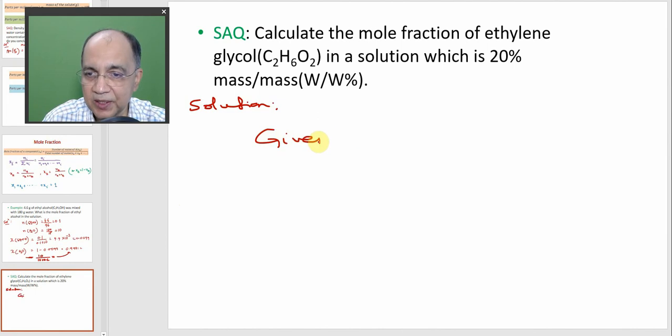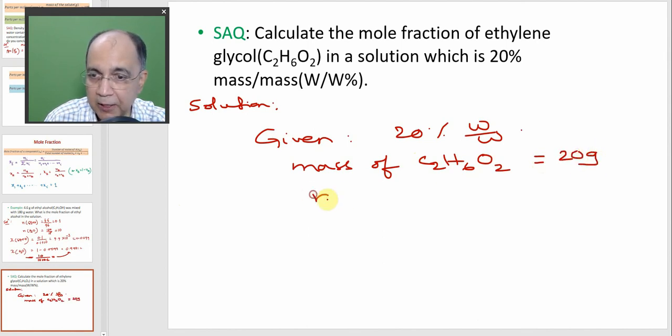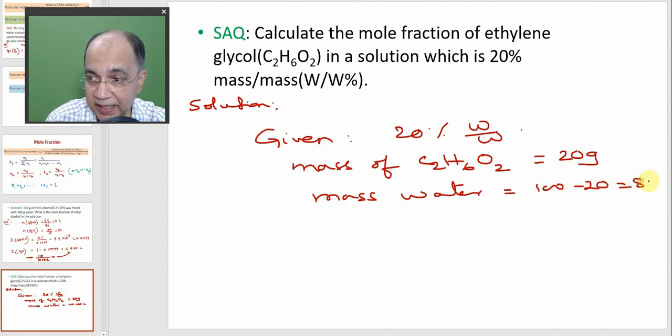This is given: 20% W by W. That means mass of ethylene glycol, C2H6O2 is its molecular formula, is equal to 20 gram. Mass of solvent, water is the solvent, is equal to 100 minus 20, that is 80 grams.